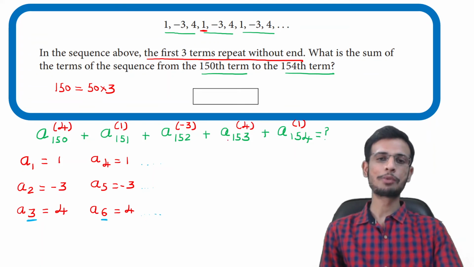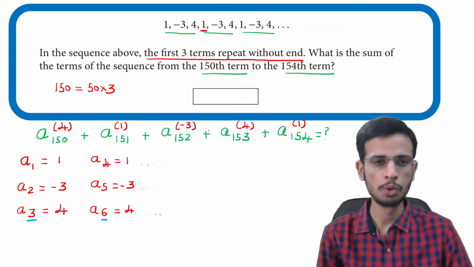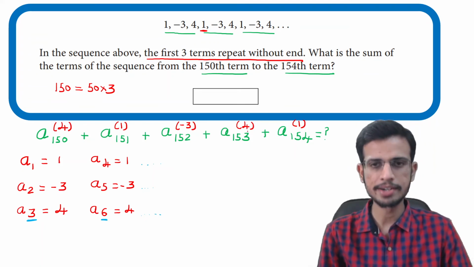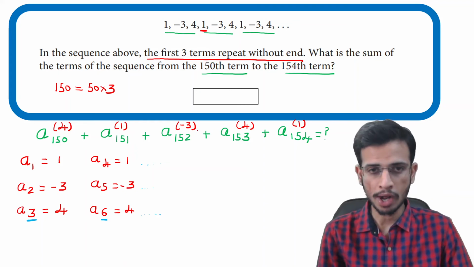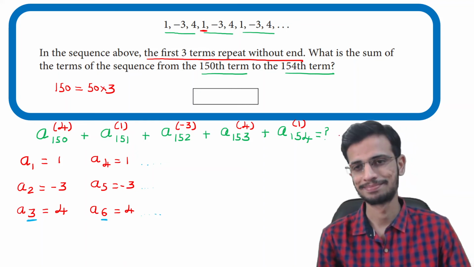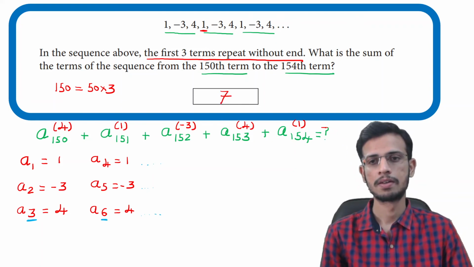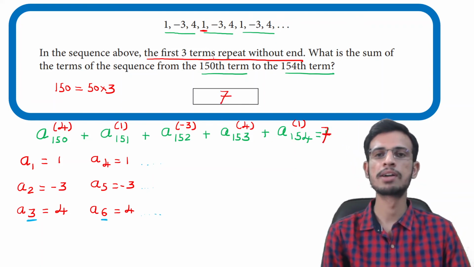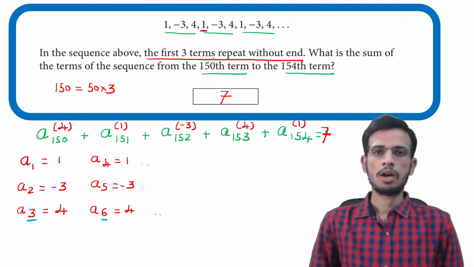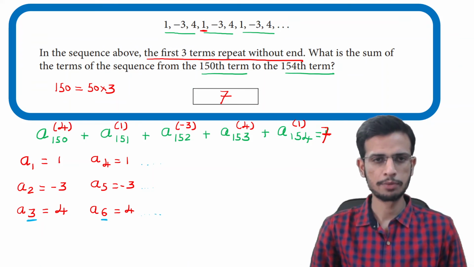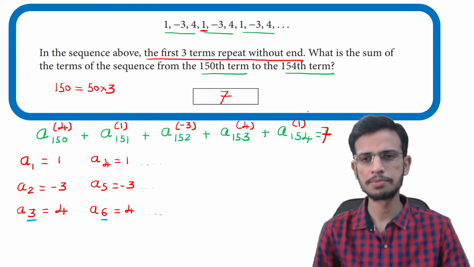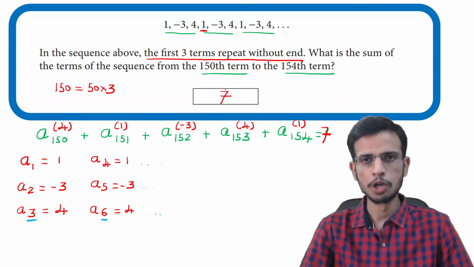So we have written the required terms. We have to just add these terms. So 4 plus 4 is 8, -3 that will become 5, plus 1 is 6, plus 1 is 7. Your answer will become 7. You have to just find the 150th term, that will be 4 only. Once we get this term, we can simply add these terms and we'll get 7 as our final answer.